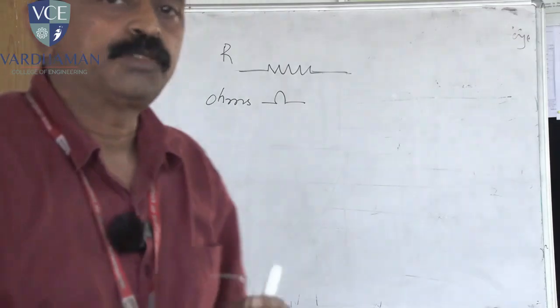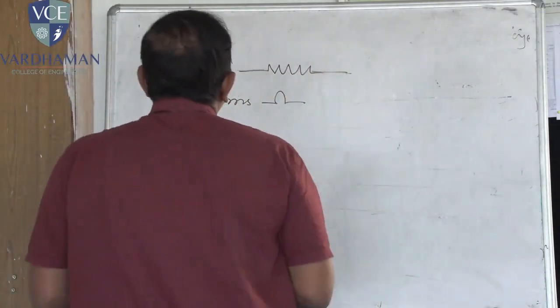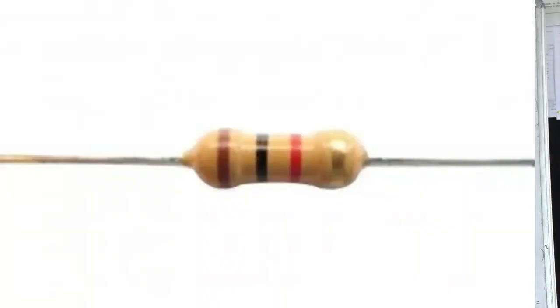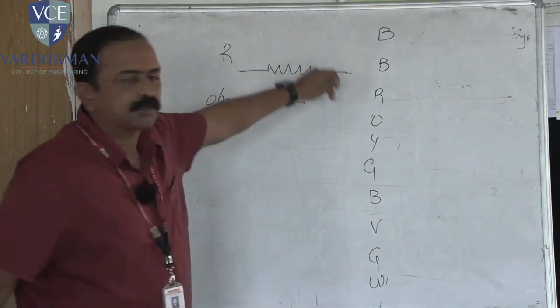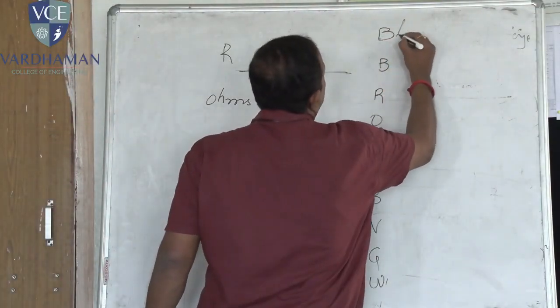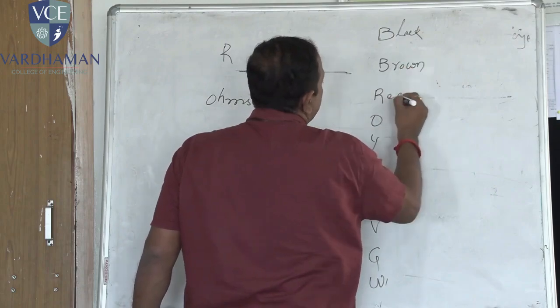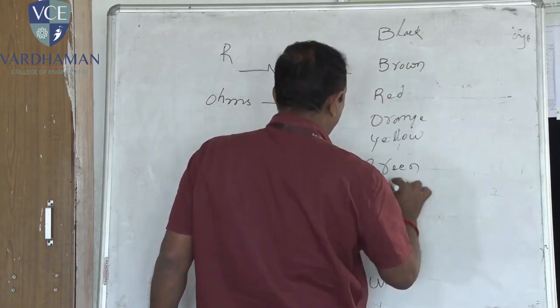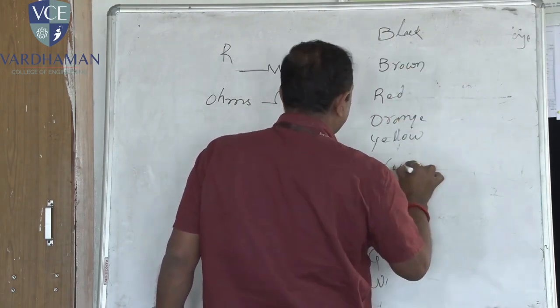I will tell you a shortcut to know the values of the colors. There is a shortcut method called BB Roy, Great Britain, Very Good Wife. This is the color code. So B means black, again B is brown, then red, orange, yellow, green, blue, violet, grey, white.